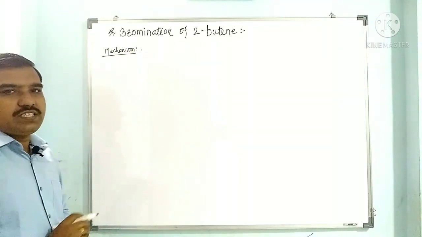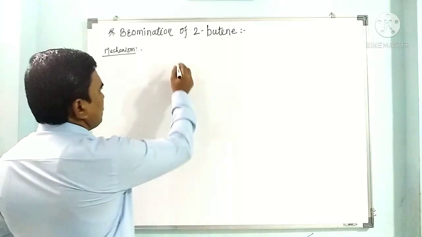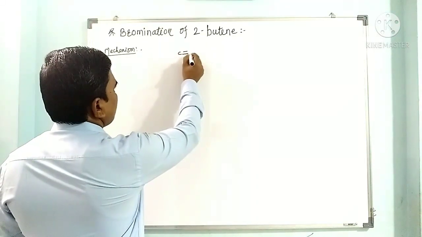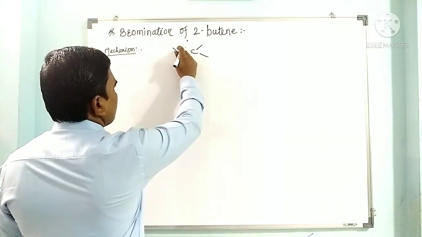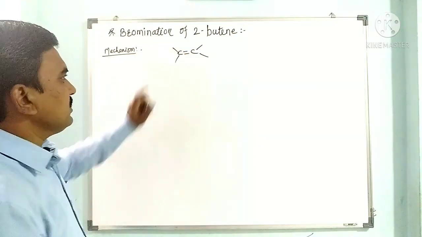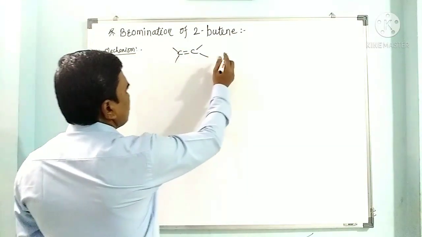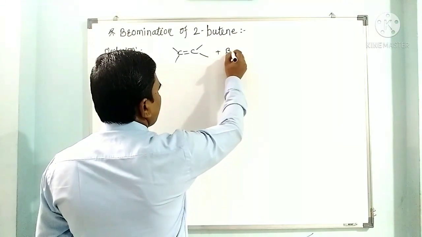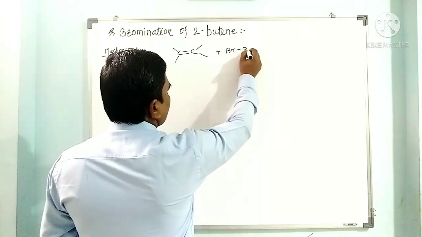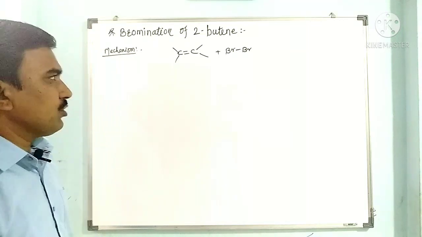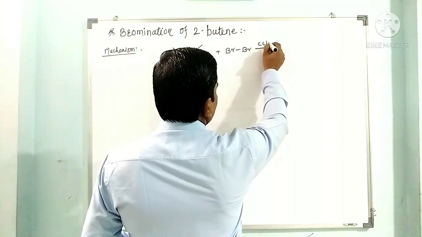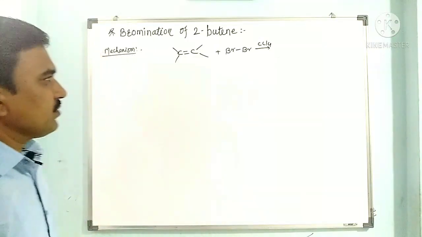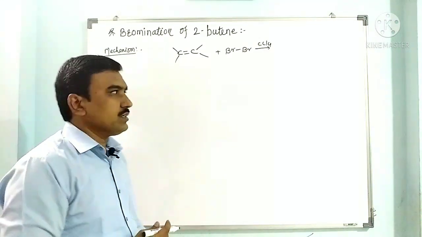If we see the simple mechanism of bromination, when an alkene reacts with bromine, so this is the alkene, when it reacts with bromine, this is the bromine molecule in the solvent CCl4, carbon tetrachloride, or we may use bromine water here.